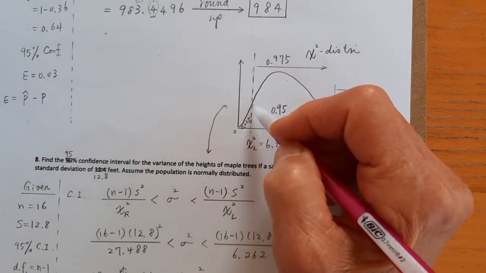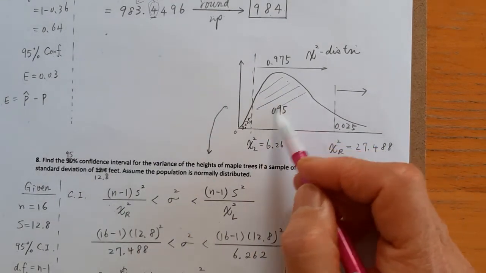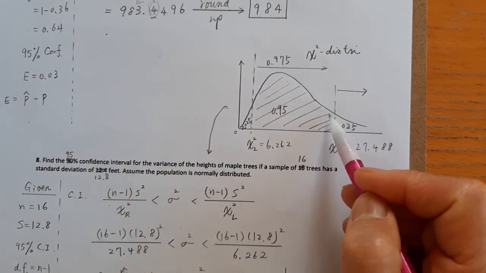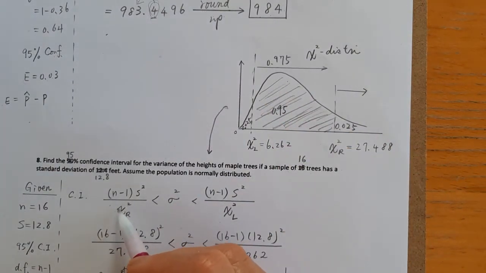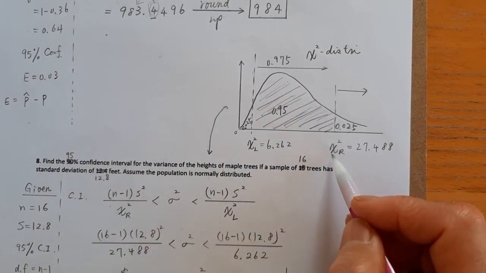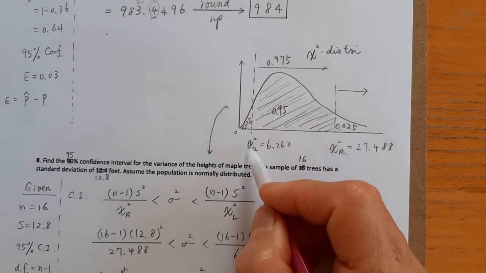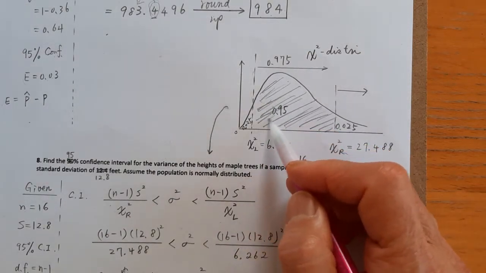They want a 95% confidence interval, and we have to find the chi-square right and the chi-square left, with 95% confidence.